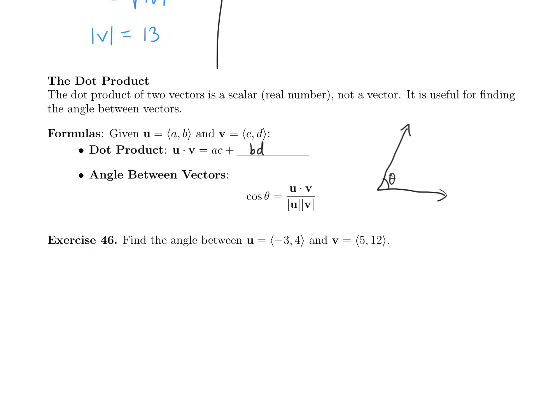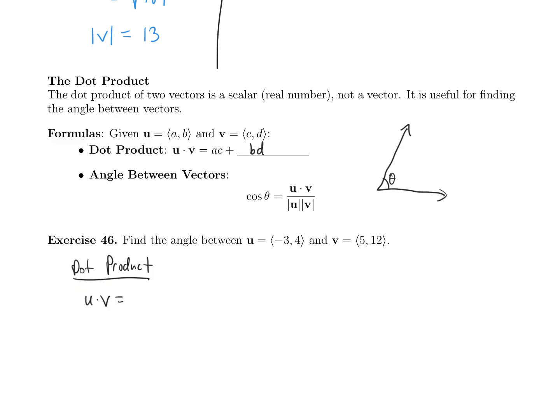Okay, so let's find the angle between these two vectors, u and v. All right, so first thing we should do is find the dot product. So the dot product would be the first step. All right, so u dot v is going to be, you multiply the, it's not a vector, so I've already made a mistake there.